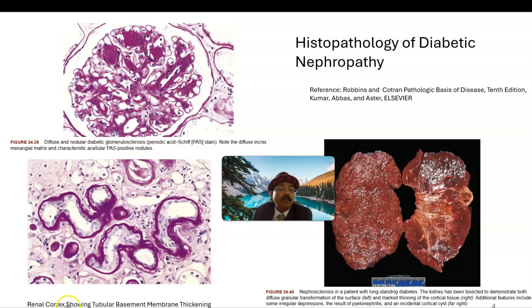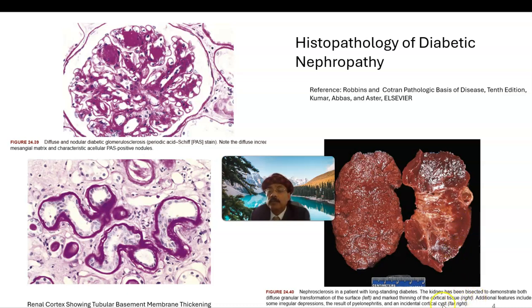Here we'll see renal cortex showing tubular basement membrane thickening. This is the renal tubule, and this is the basement membrane thickening. Here is nephrosclerosis in a patient with long-standing diabetes. The kidney has been bisected to demonstrate both diffuse granular transformation of the surface on the left, and marked thinning of the cortical tissue on the right side.